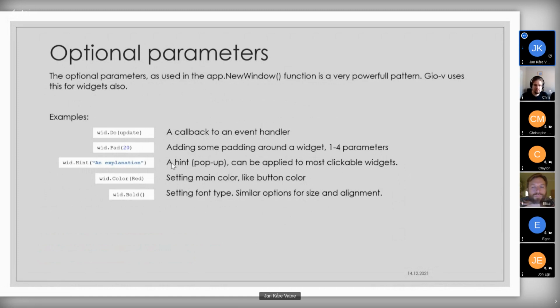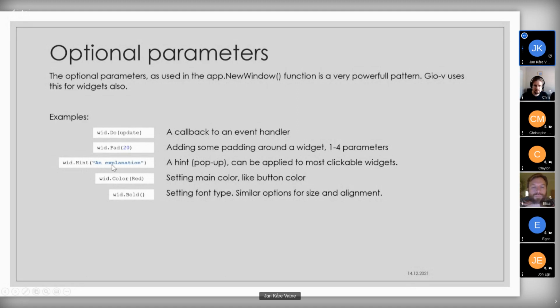One thing I thought of when I heard Elias is that when you're building applications for blind people, people not seeing, what you want to read out is just this tooltip or hint. So if you could add that to all widgets, that would be a nice way to, or perhaps that's what you have done, I don't know.